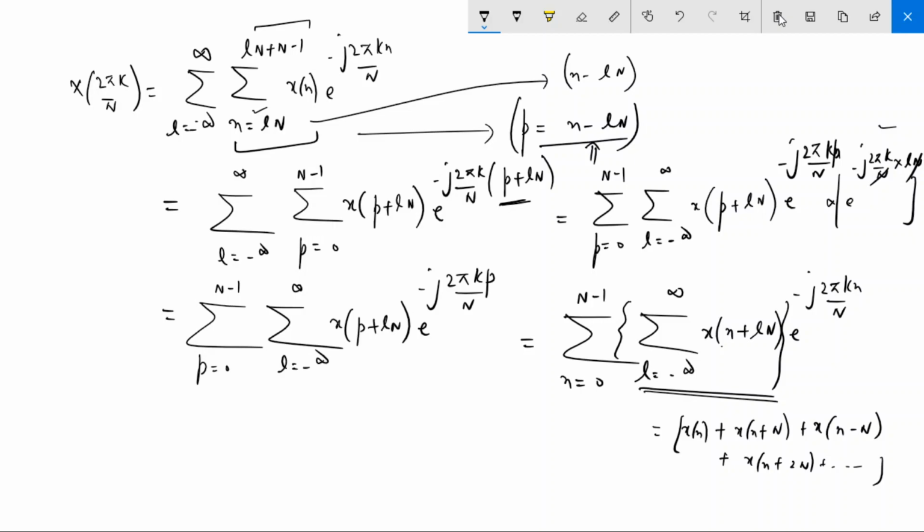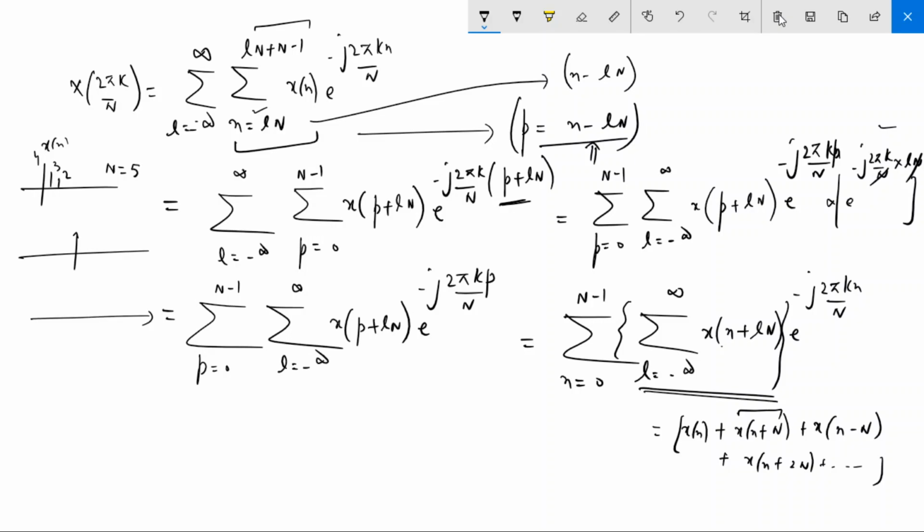Okay, so suppose you have an x of n sequence which is 4, 3 and 2, 3 samples. Okay, and if your n is 5, so what is x of n plus n? It is the same sequence shifted by 5 samples to the left.